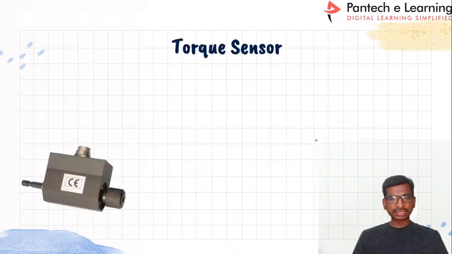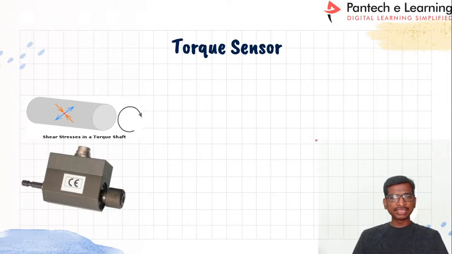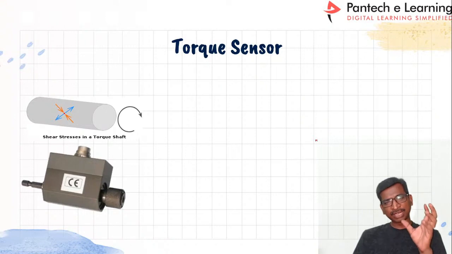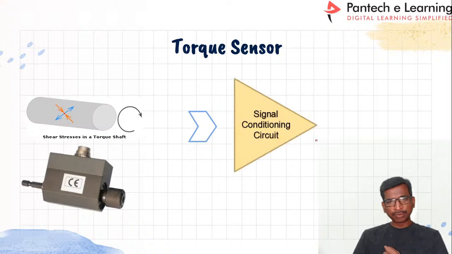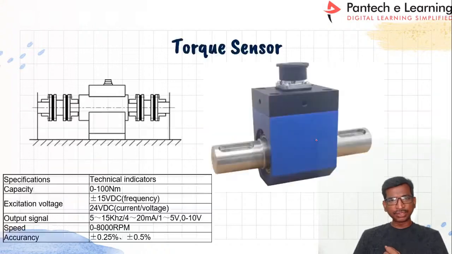The next one is the torque sensor. Torque is based on the stresses across the shaft or a particular module, so we can take a torque value. In Pantech you can get this kind of torque sensor. It is capable of measuring 0 to 100 Newton meter, with a voltage rating of plus or minus 15 volts and a high resolution output voltage.